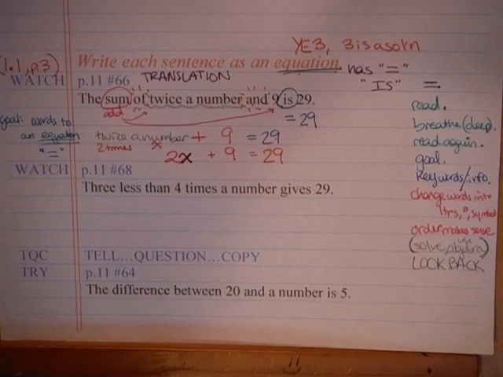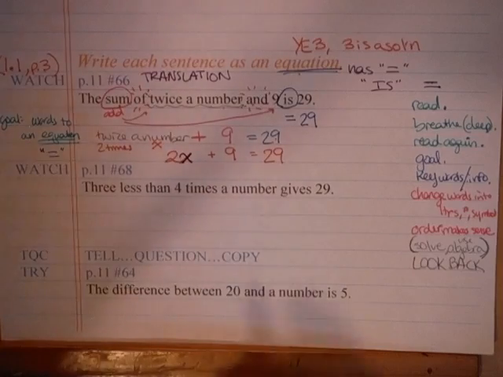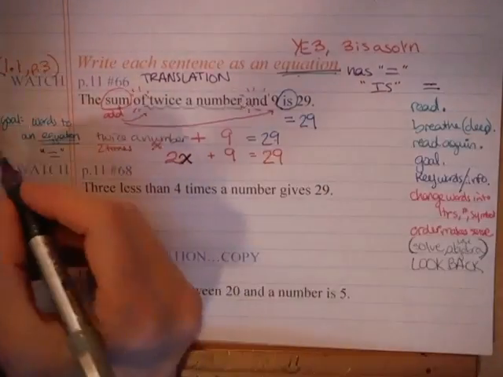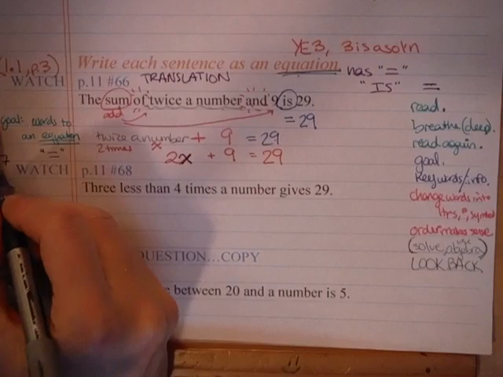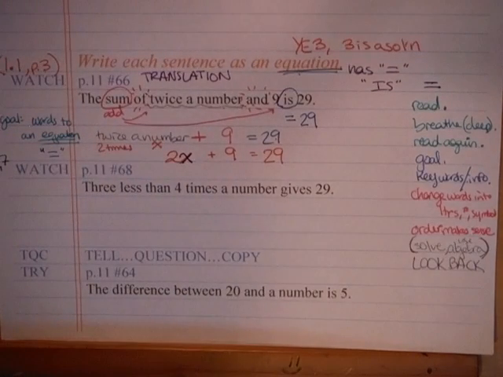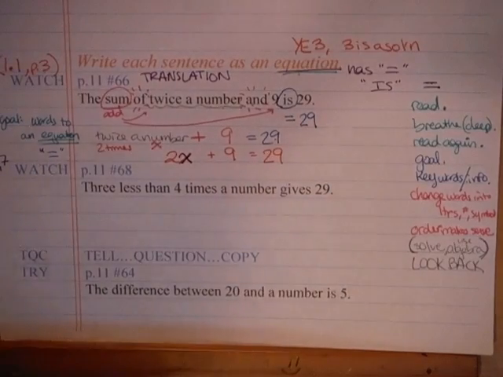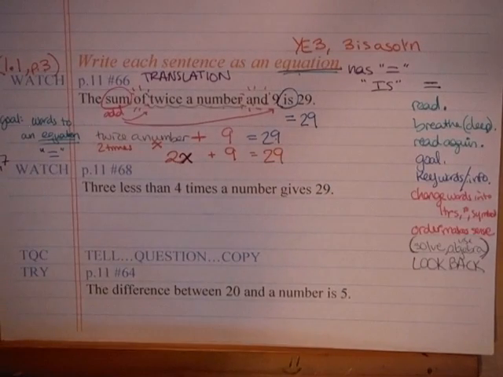I always put a little thing on my 7 so that it doesn't look like a 1 or anything else, or a greater than sign. So just watch for that, because you don't want to be happily going along and misread your own handwriting and then end up with the wrong answer.